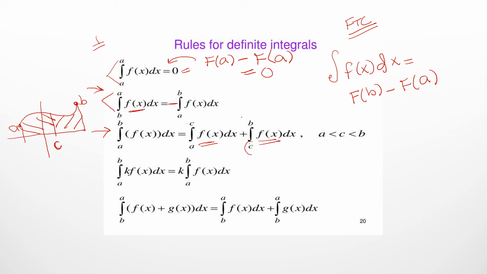Notice that the lower limit of the second integral and the upper limit of the first are the same, which means they are joined at the same number c.